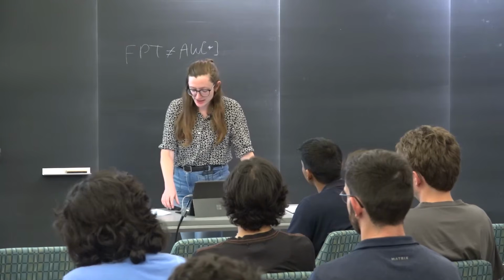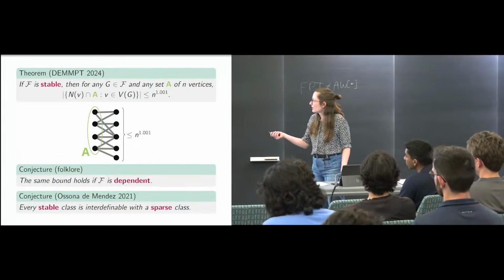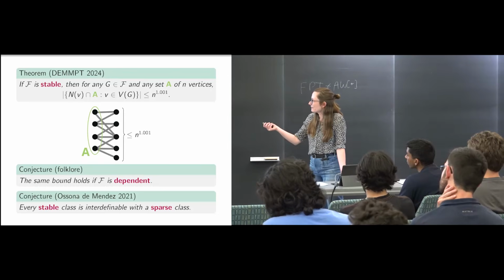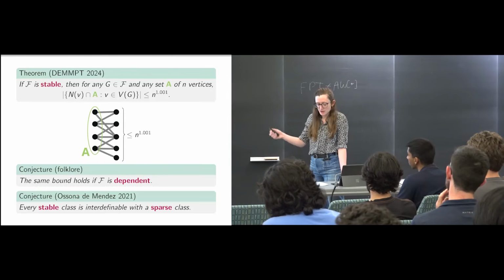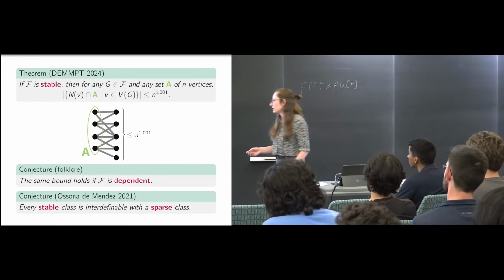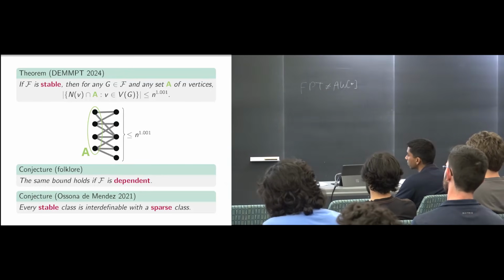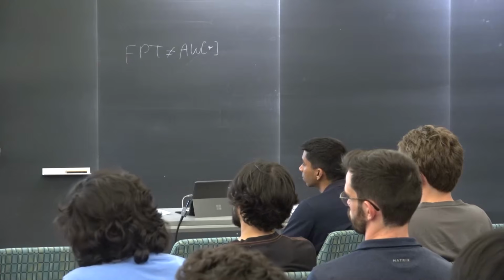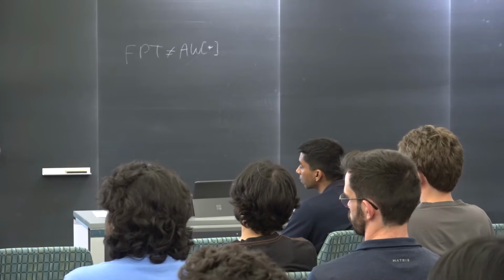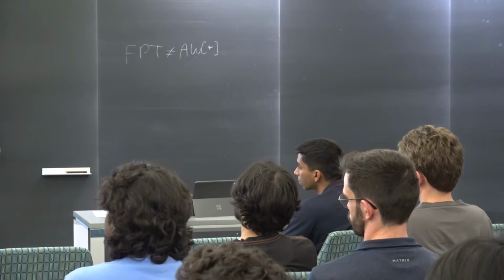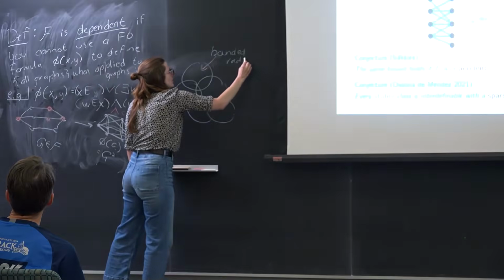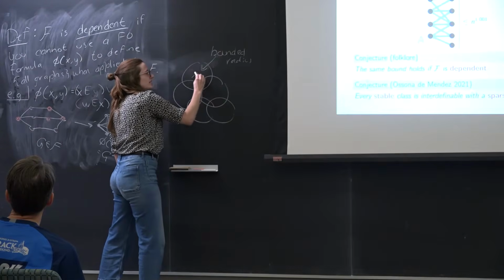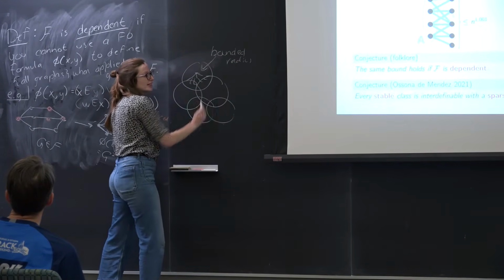Yeah, so I can actually say what this is used for. It turns out that as long as you have this kind of small complexity thing, you can find a collection of sets of vertices so that each one has bounded radius, like is contained in a small ball around some vertex.